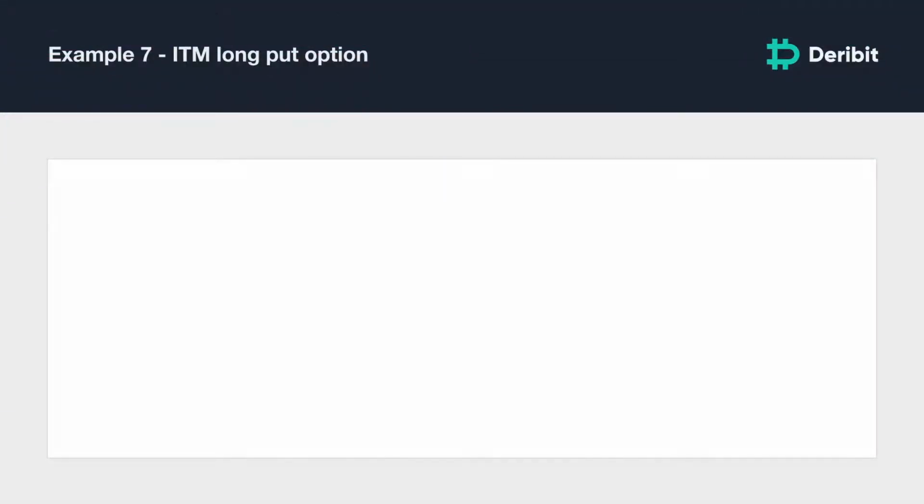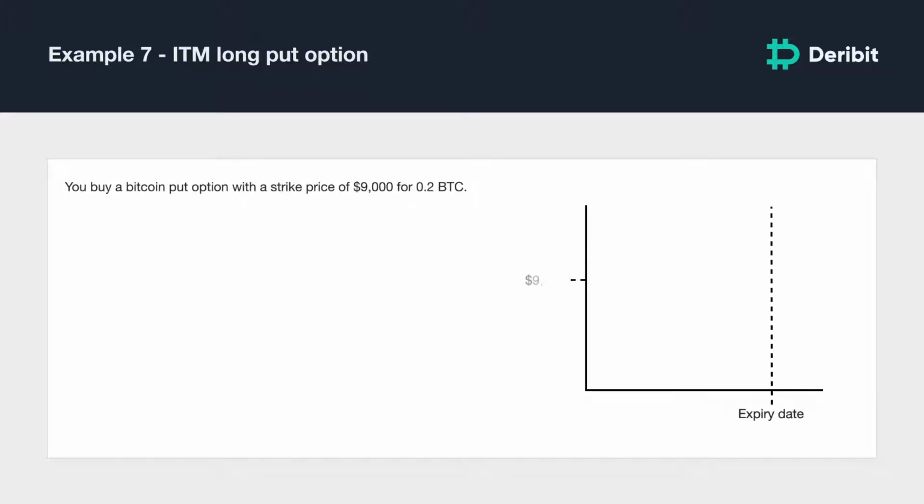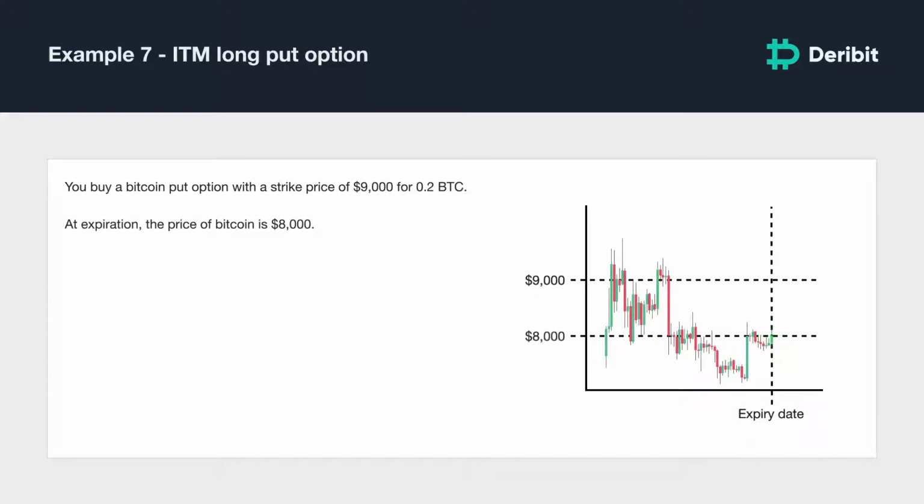In a scenario where a loss was taken while in the money, you buy a Bitcoin put option with a strike price of $9,000 and you pay a price of 0.2 BTC. You hold this option until it expires. At expiration, the price of Bitcoin is $8,000. The value of this put option can be calculated as 9,000 minus 8,000, or $1,000.